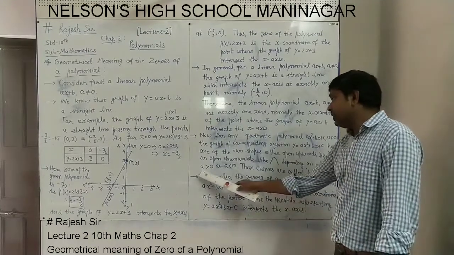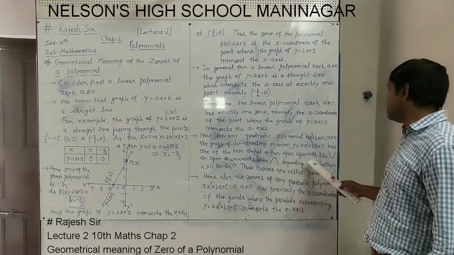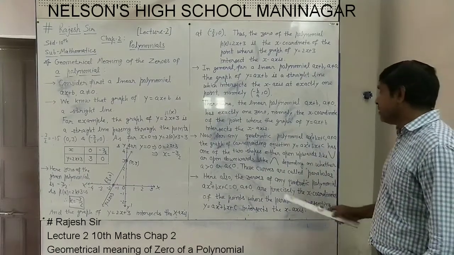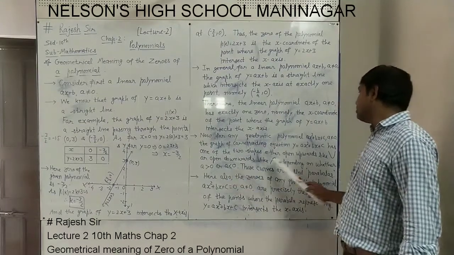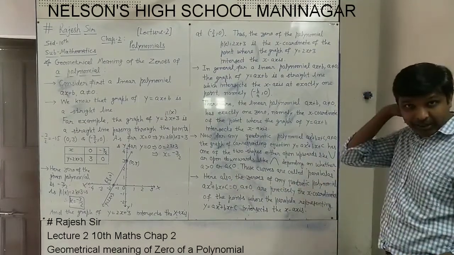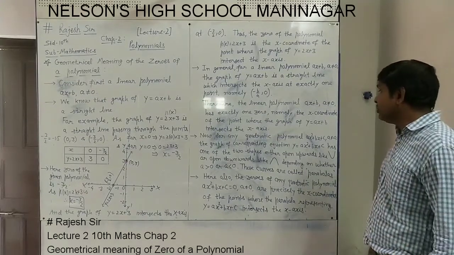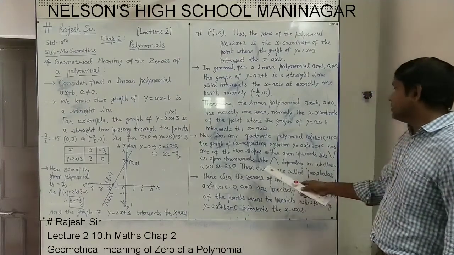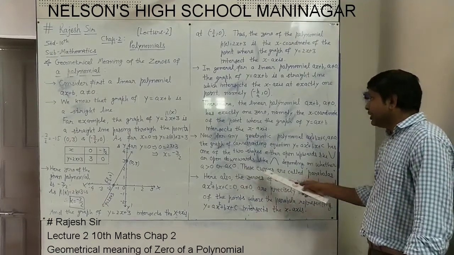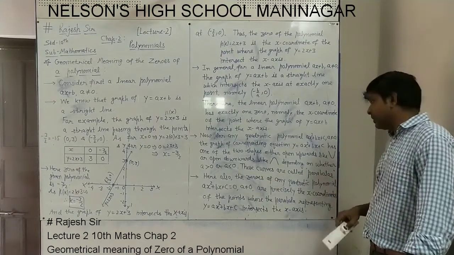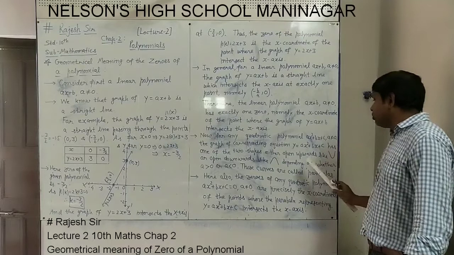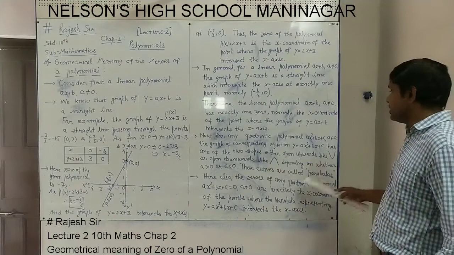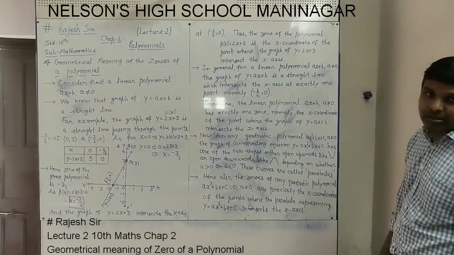If a is greater than 0, you will get the graph shape open upwards for this quadratic polynomial. And if a is less than 0, a negative number, then when you draw the corresponding equation, the graph shape will be open downwards. These types of curves, open upwards or open downwards, are called parabolas.